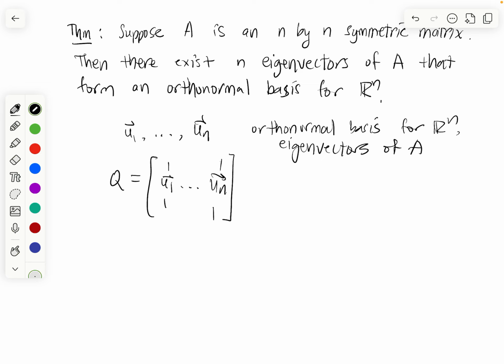What kind of matrix is this? If you have n orthonormal vectors and you put them into the columns of this matrix Q, what's that matrix called? This n by n matrix is an orthogonal matrix.